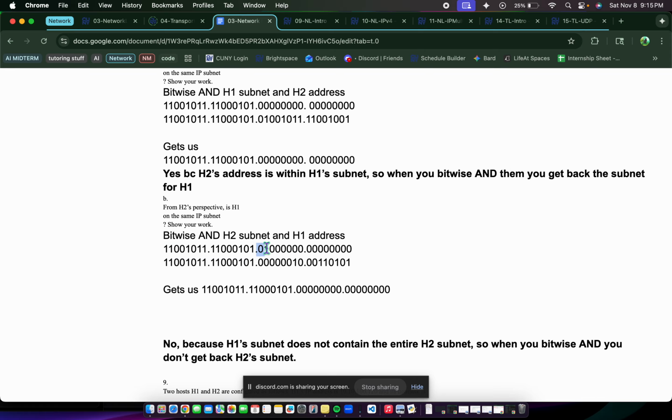Notice, this ends in 01, this ends in 00. This is not working. Because I did not get my subnet back, H2's subnet does not contain H1. We bitwise AND them, we don't get back H2's subnet. So that's how you do these questions.